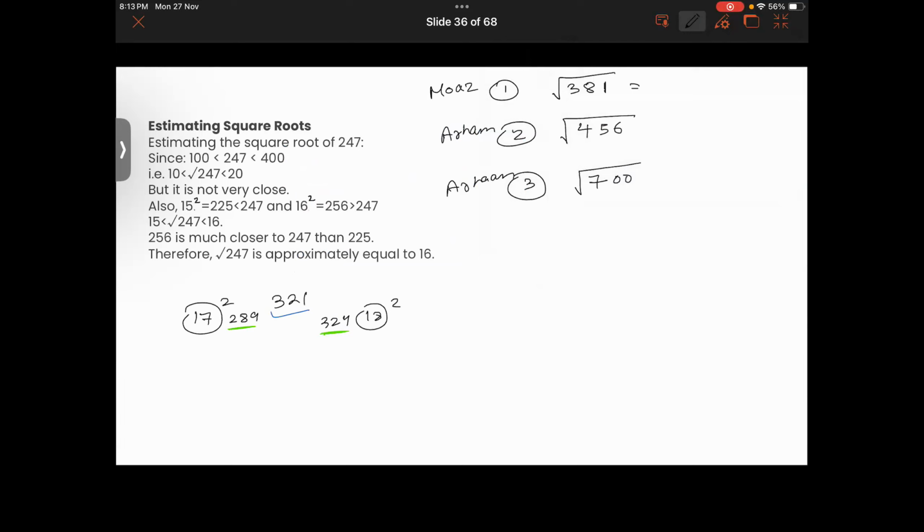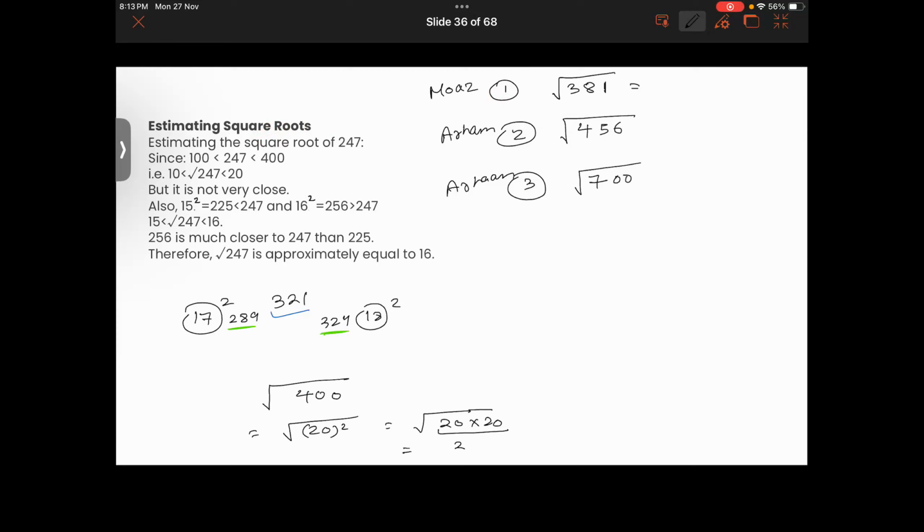No, Moaz. You have to do the first question. Right now we are estimating the square root of a number. For example, when we put 400 under a square root, 400 is the square of 20, right? I can write it like this: 20 into 20. So the moment I have a number as a pair, I can take it out from the square root.